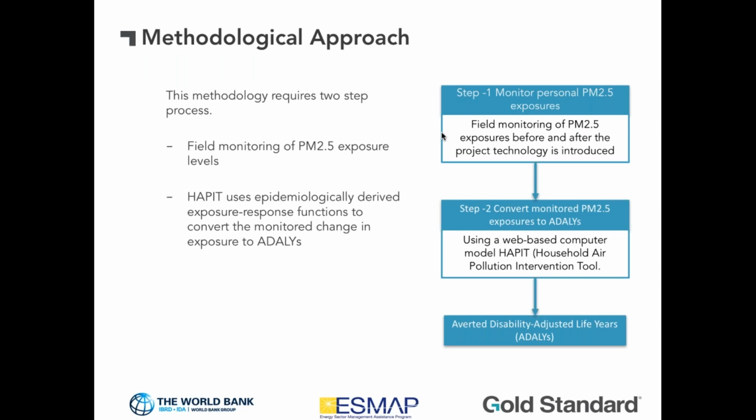The first step involves field monitoring of PM 2.5 exposures, and once the exposure values are obtained, these are inputted into the HAPIT, which uses an epidemiologically derived exposure response function to convert these exposures into ADALYs.